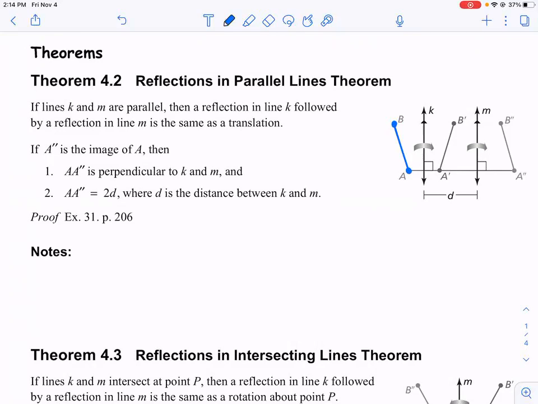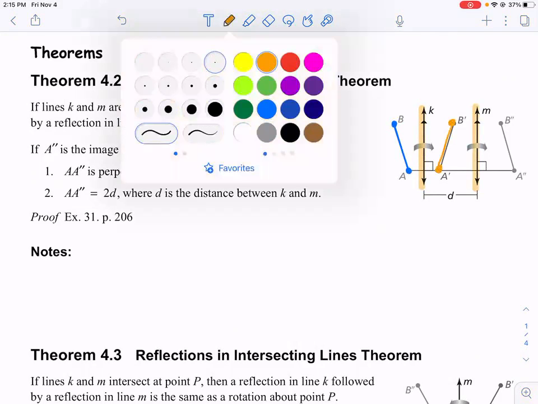Okay, so that blue segment is going to be reflected across this line to get to here. I'll highlight it in orange. Then I have this parallel line that it's going to reflect a second time.